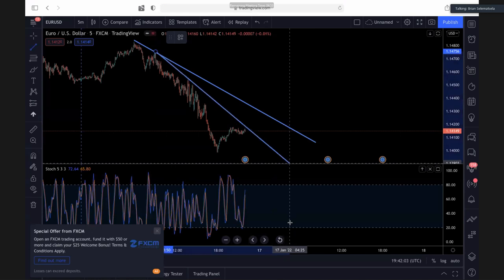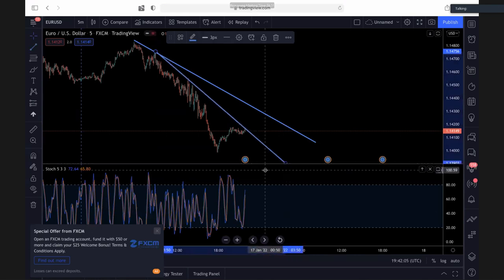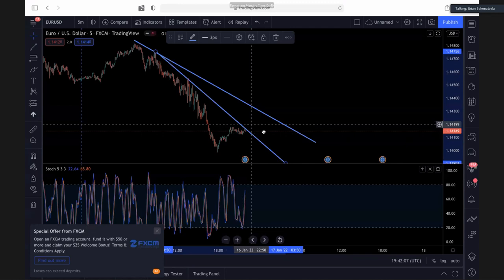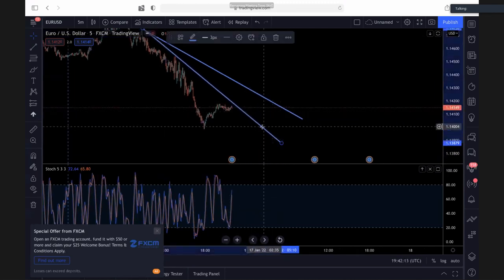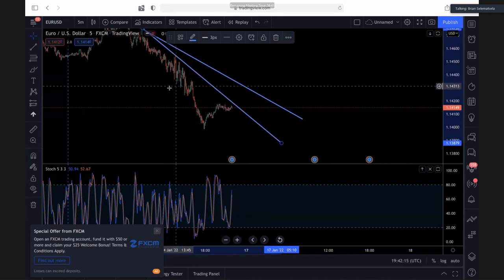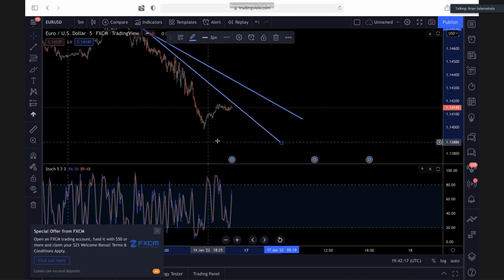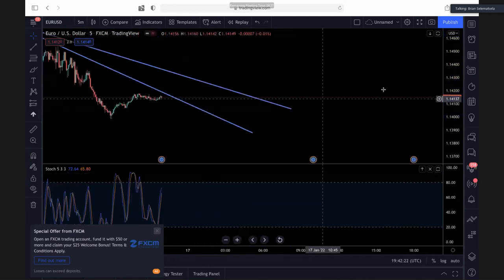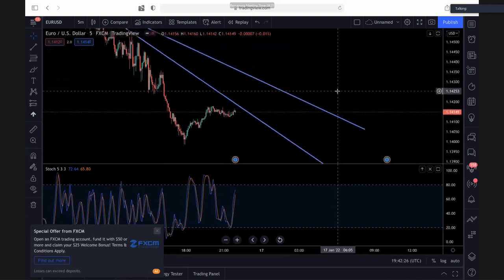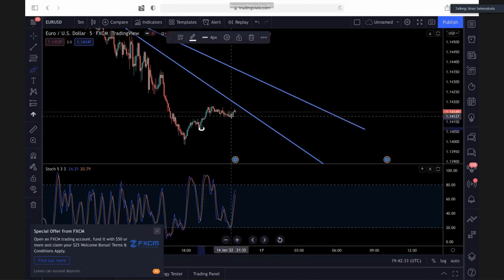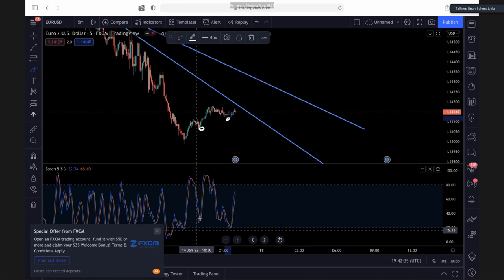Why are we waiting? We're waiting for the breakout of that. But so far, it has to go up. The reason why I'm saying that is because I'm seeing divergence already. If you compare these two points, you will see that it is buying.